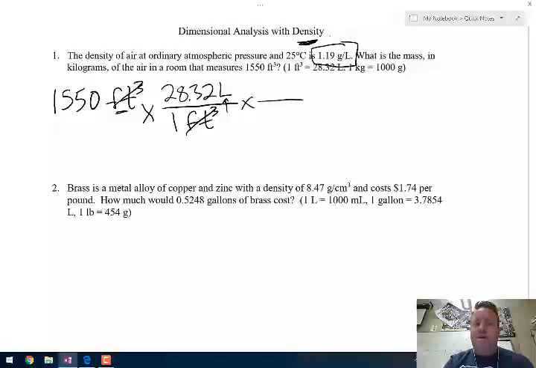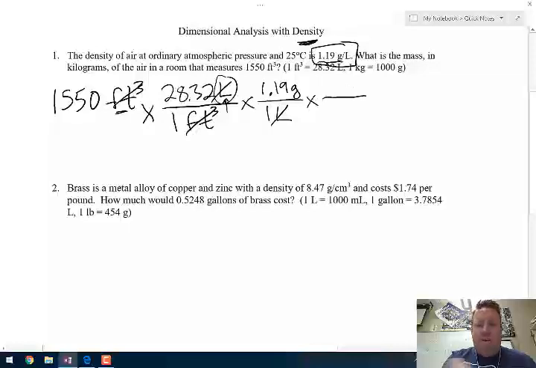So for every 1.19 grams, that's equal to 1 liter. Since liters are on the top here, I'm going to put 1 liter on the bottom. Don't put 1.19 liters, because the 1.19 goes with the grams, not with the liters. So I'm going to put 1.19 grams on the top. And then my liters have canceled.